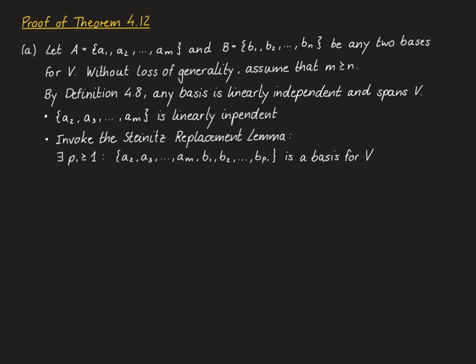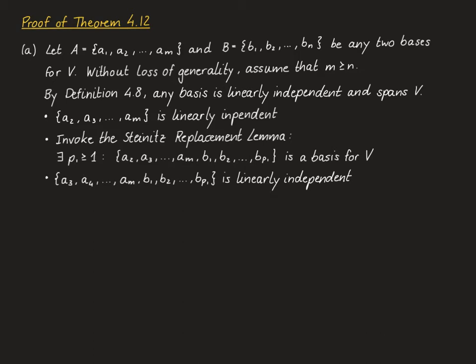Now we can invoke the Steinitz replacement lemma because we have a set a1 through am of linearly independent vectors and another set b1 through bn of vectors that span V. Therefore, there exists a number p1 greater than or equal to 1 and a reordering of the vectors in B such that a2 through am combined with b1 through bp1 is again a basis for V.